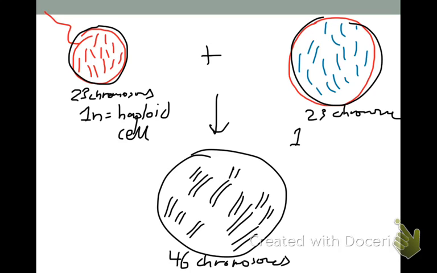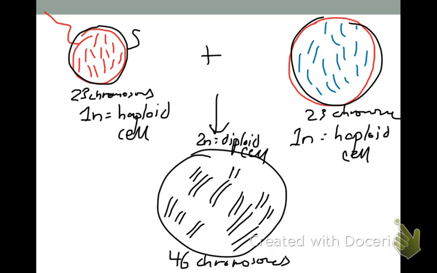This is also a 1N, or haploid cell. And when they come together, you get 2N, or a diploid cell. So you are a diploid cell, while sperm cells and egg cells are haploid cells. The reason we say that is because 2N refers to two sets of chromosomes.